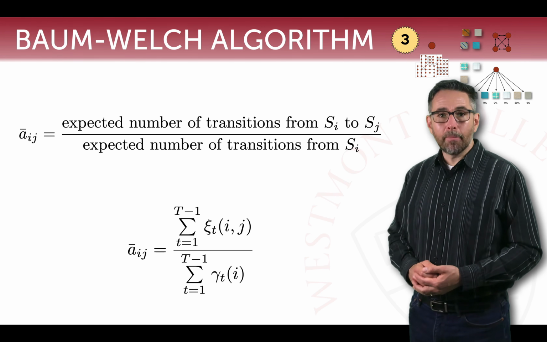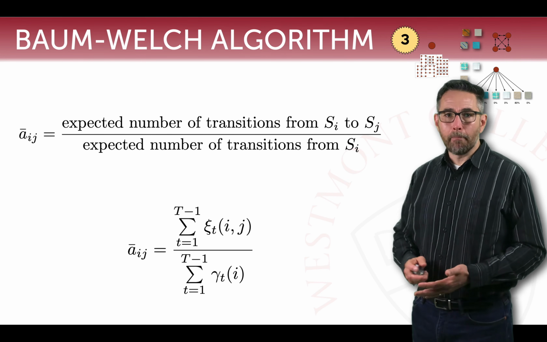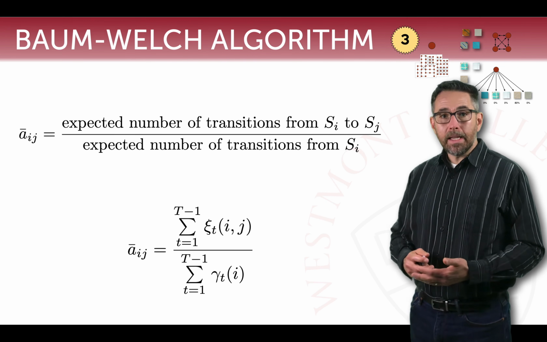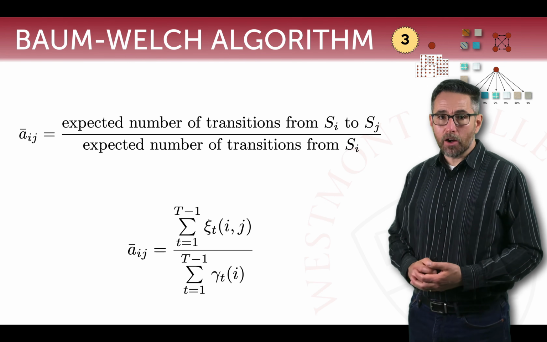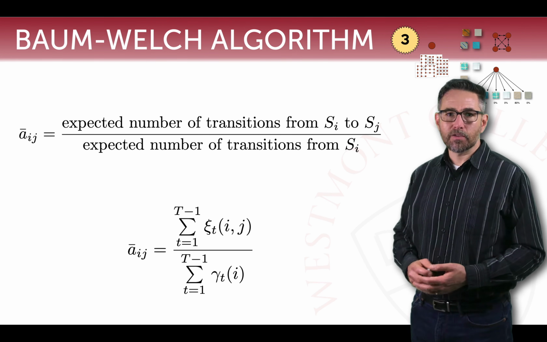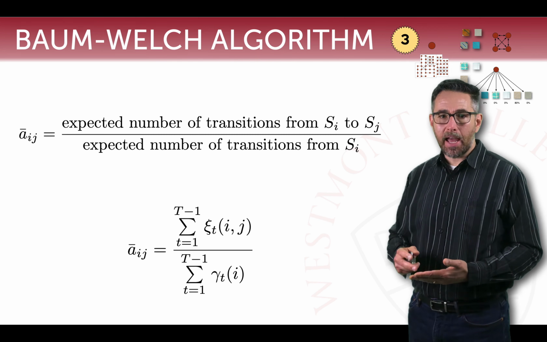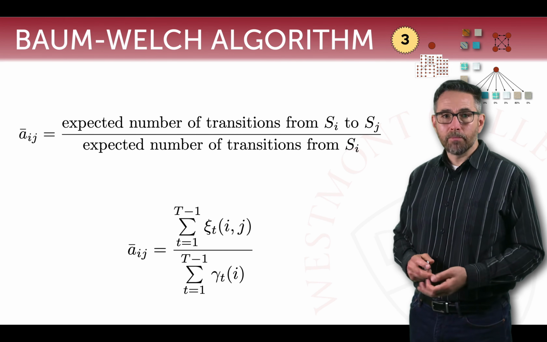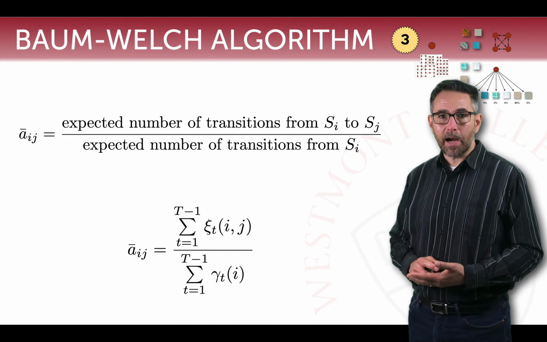Now we want to update our transition probabilities, and we'll call them bar A i j. We can calculate a new update of our transition probabilities by saying, what is the expected number of transitions from state i to state j divided by the expected number of transitions from si? That will give us a probability of moving from i to j.